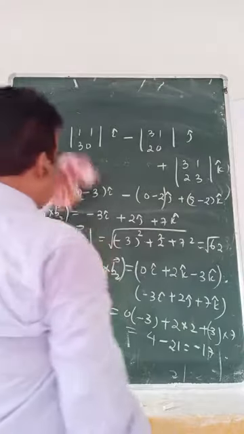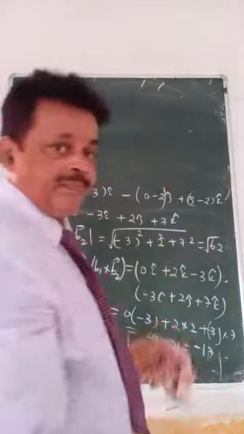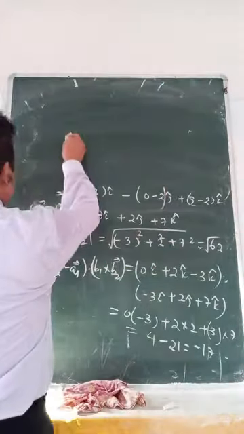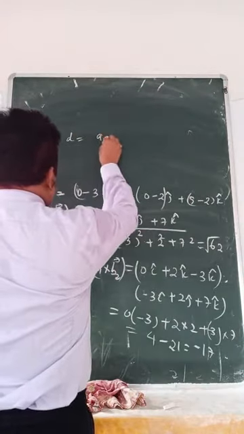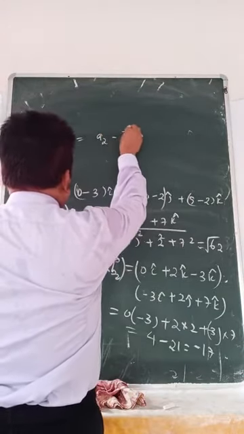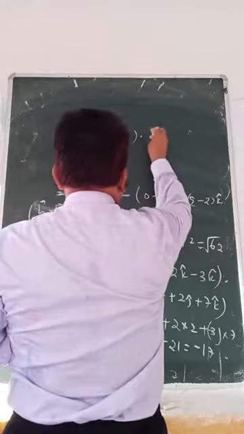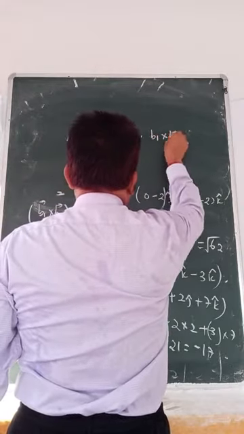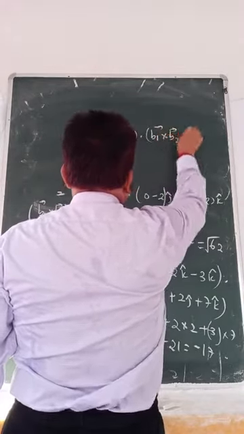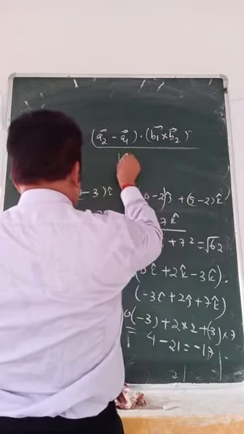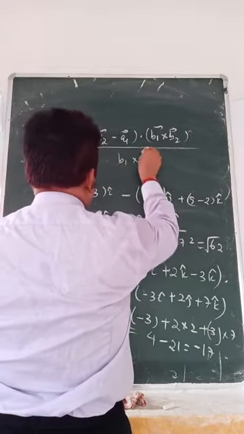Okay, then distance formula. What is D? D will be A2 minus A1 dot B1 cross B2 by modulus of B1 cross B2.